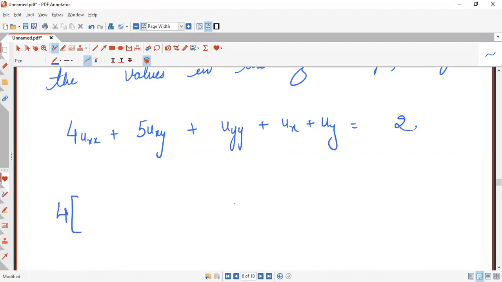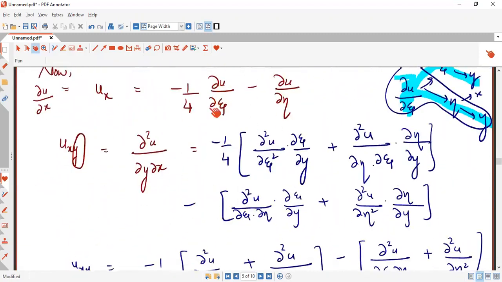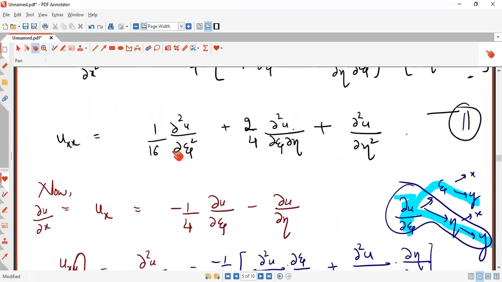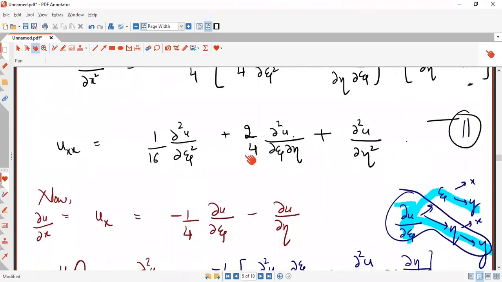Let's substitute the values. Uxx was del square u by del z square. I think uxx was this: 1 by 16 of del square u by del z square plus 1 by 2 of del square u by del z del eta plus this del square u by del eta square.